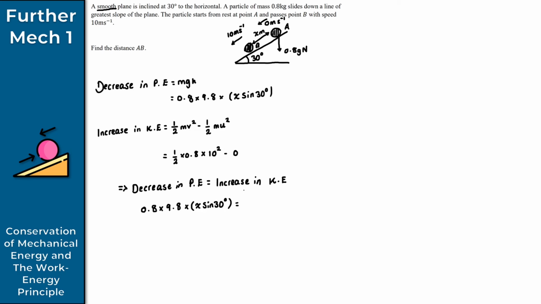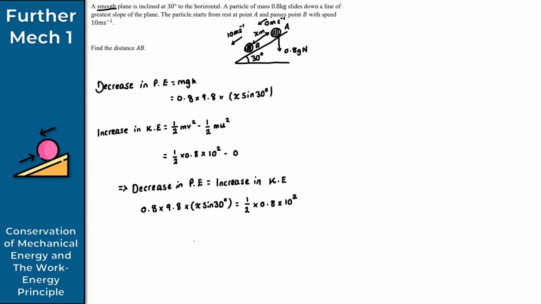This is equal to the increase in kinetic energy. That's a half times 0.8 times 10 squared. And then, like we said, we just want to solve for x, x being the distance between A and B.